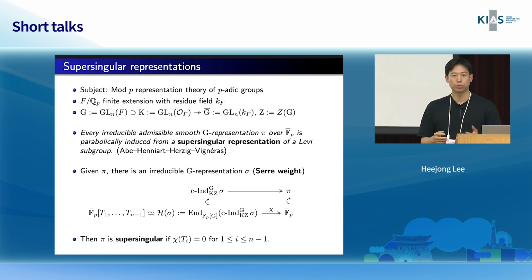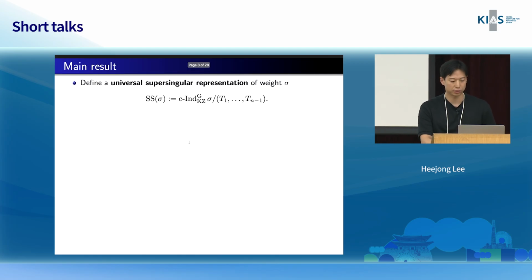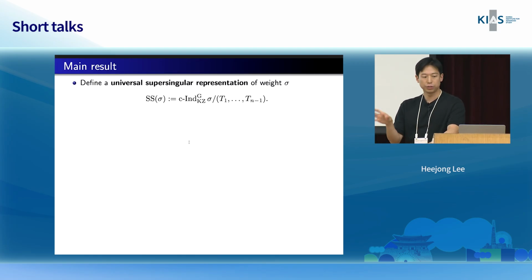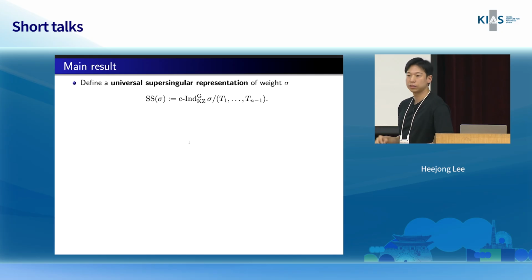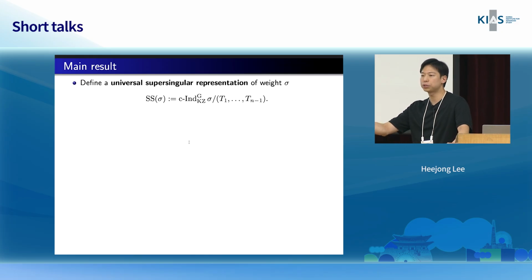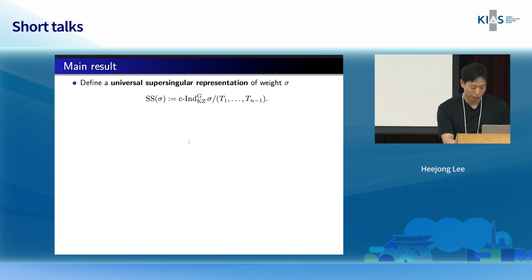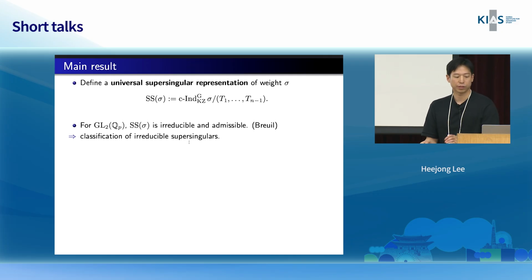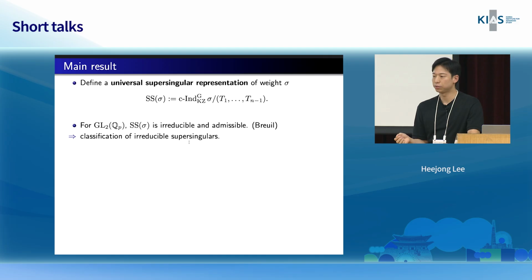Okay, so what do we know about these supersingular representations? First, let me define this universal supersingular representation as a quotient of compact induction modulo this maximal ideal in the Hecke algebra. So every irreducible supersingular is a quotient of these objects. And for GL_2(Q_p), this is already irreducible and admissible. And this gives a classification of irreducible supersingulars for GL_2(Q_p).